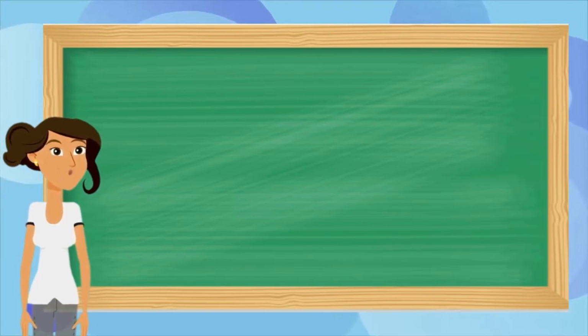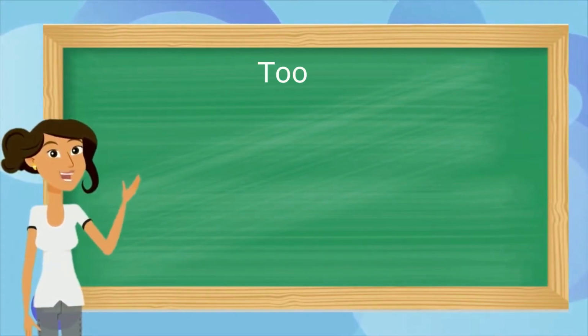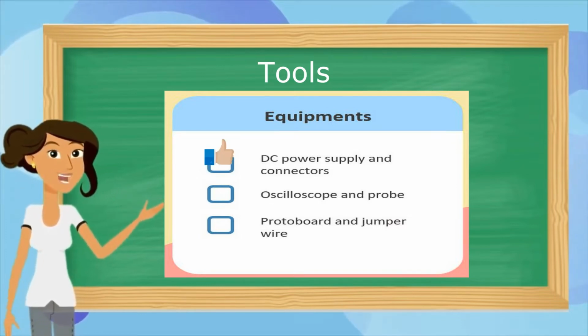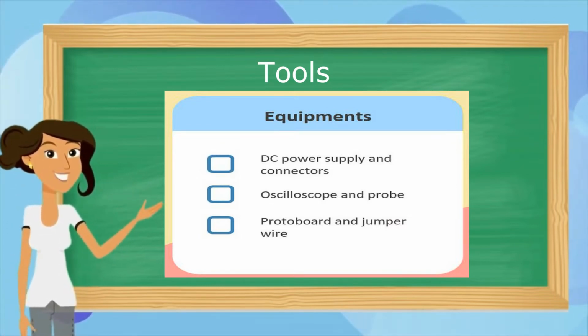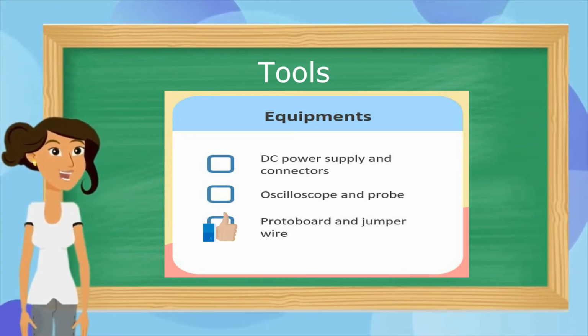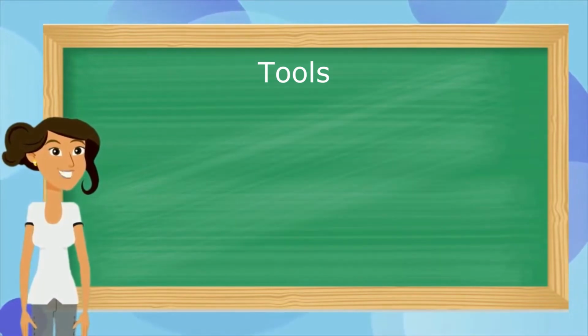In this experiment, they are using all this equipment: first, DC power supply and connectors. Second, oscilloscope and probes. And the last one, protoboard and jumper wires.